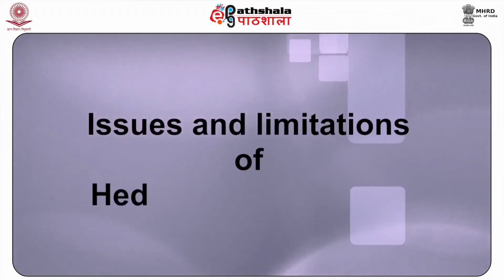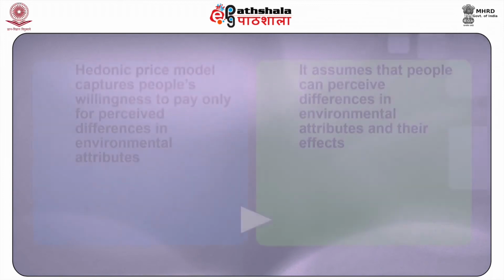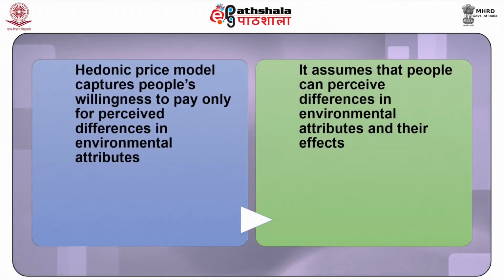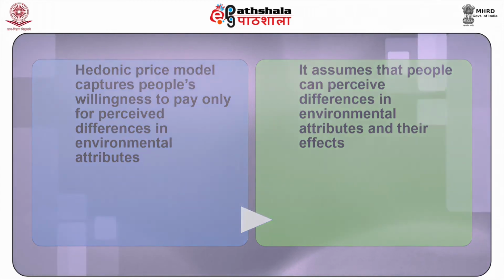Let us now look at certain issues and limitations of the hedonic price method. The hedonic price model captures people's willingness to pay only for perceived differences in environmental attributes, because it assumes that people can perceive differences in environmental attributes such as air quality and their effects, that is, the effects of air pollution.